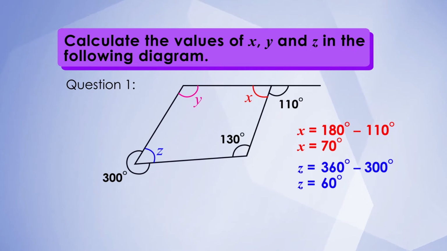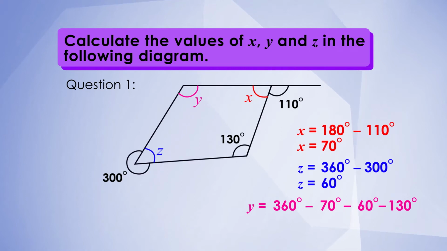So, in order to find the value of y, we have to subtract the sum of all the interior angles, X equals 70 degrees, Z equals 60 degrees and 130 degrees, from 360 degrees. Great! The value of y is 100 degrees. Did you get the same answer? I hope you did. Let's continue to question 2, shall we?